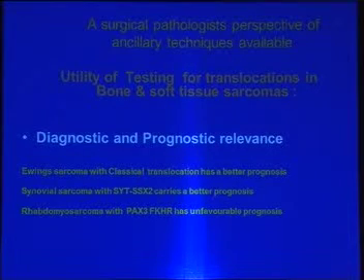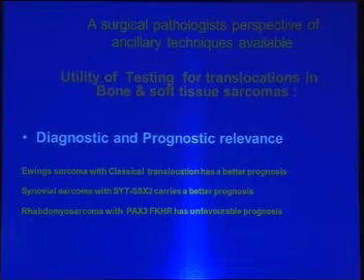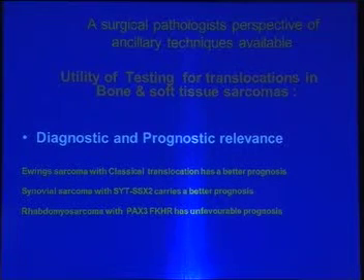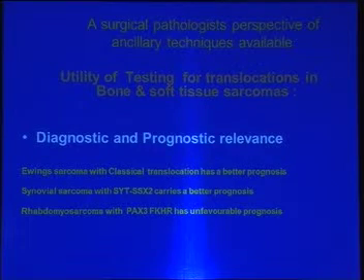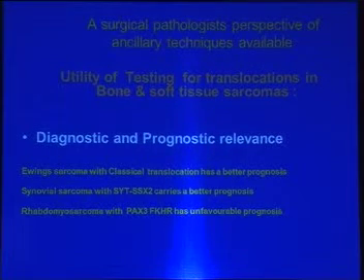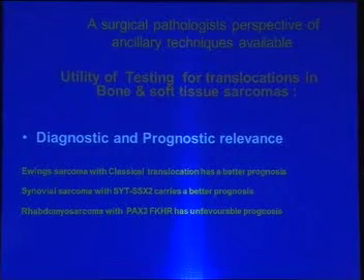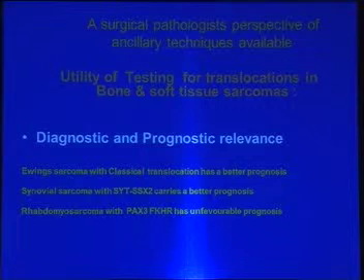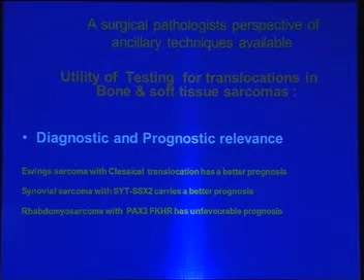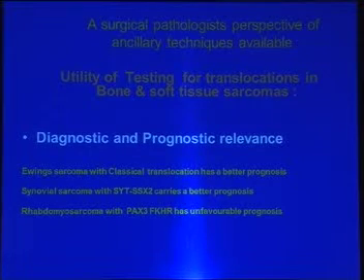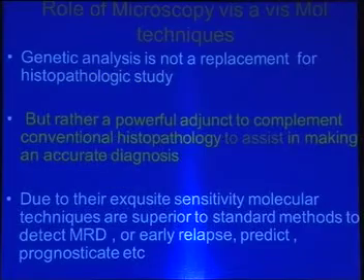The answer is not because the diagnosis is wrong, it's because at the genetic level the molecular break was at a different point. Then synovial sarcomas which have the SYT-SSX2 have a better prognosis. Similarly, rhabdomyosarcomas which have a PAX3-FKHR have an unfavorable prognosis compared to PAX7-FKHR. So molecular diagnosis is not merely to give a precise diagnosis, but it also helps to prognosticate and predict.